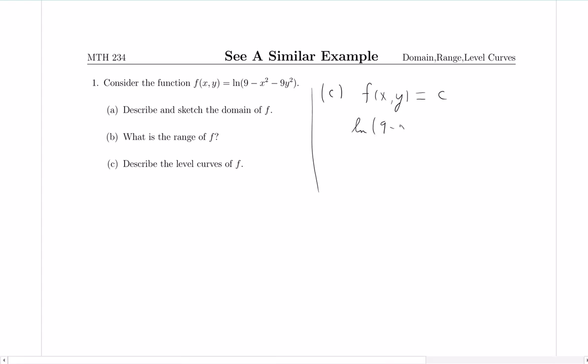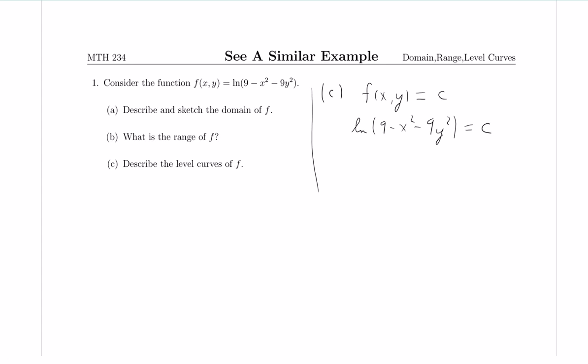So let's write what our function is. And the idea here, when you want to see what the level curves of a function are, is to start by doing this. Set the function equal to a constant, and then just algebraically manipulate it until it looks like something familiar, if possible. So in this case, let's try to get rid of the logarithm.